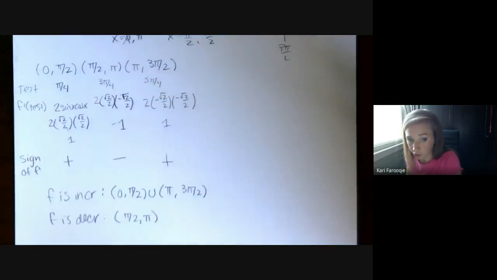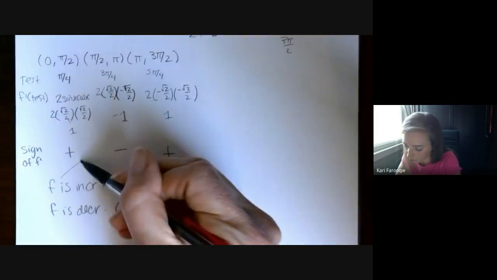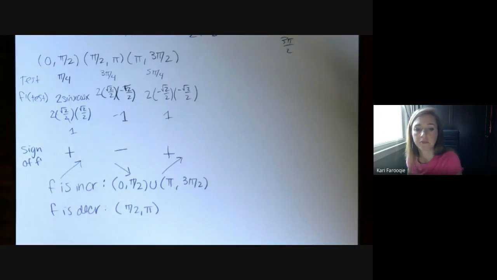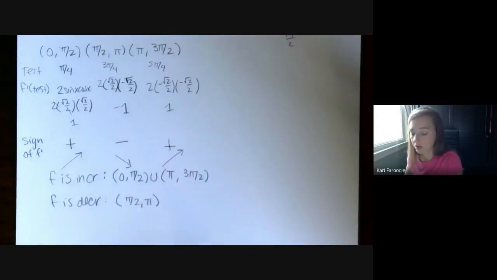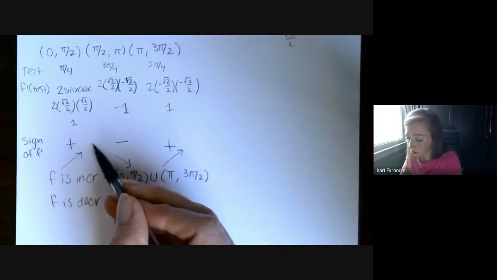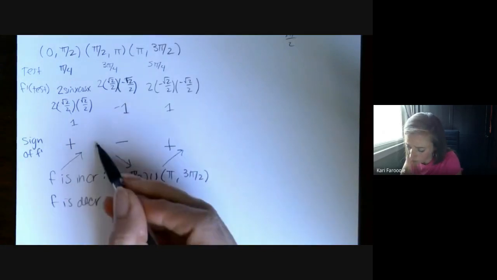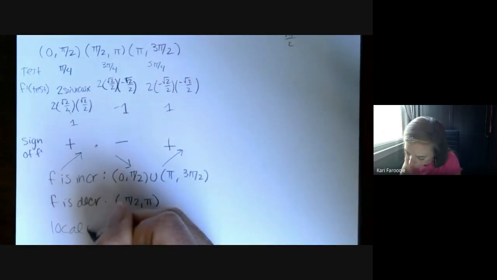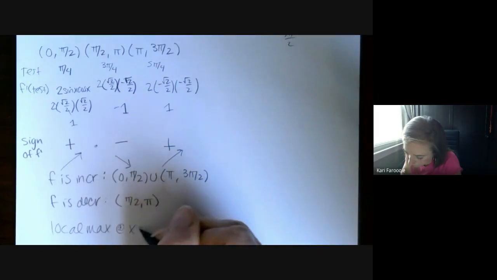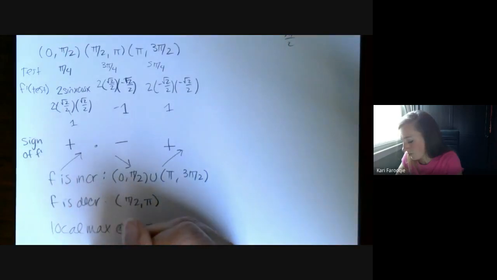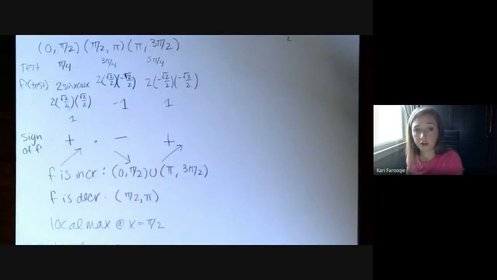Now, if you would like a visual to talk about extrema, your function's increasing on this interval, and then it gets to this critical number at pi over 2, and it starts to decrease. So we would say that pi over 2 would be a local maximum. And then a local minimum would occur at our other critical number.